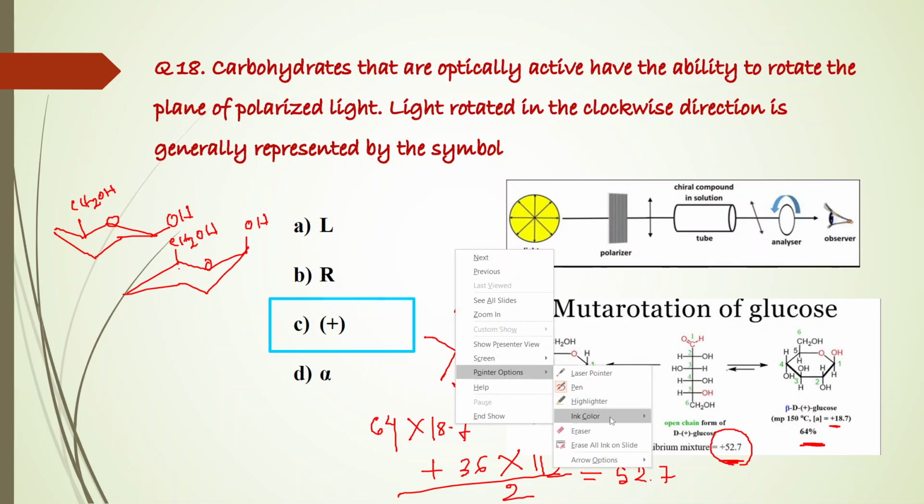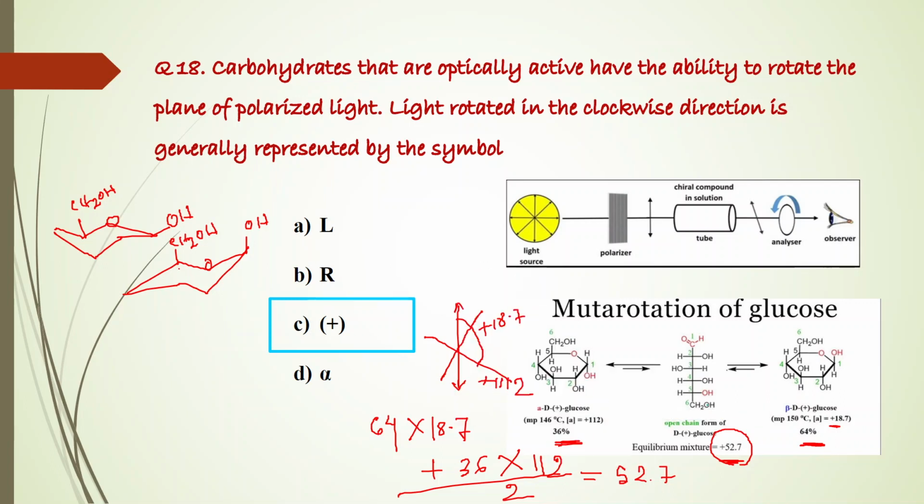So just let me write it here. Neither 18.7 nor 112, we do not get any of them. Due to the presence of both, suppose if this is 60, then 30, 45, something like this.